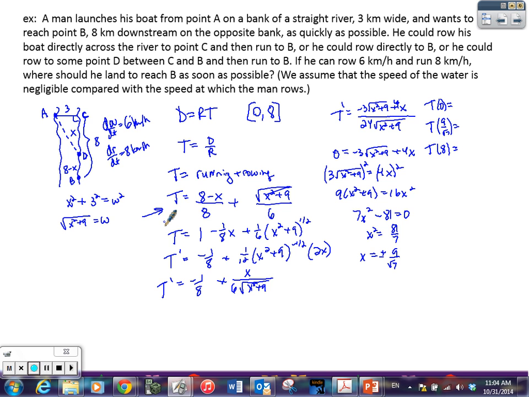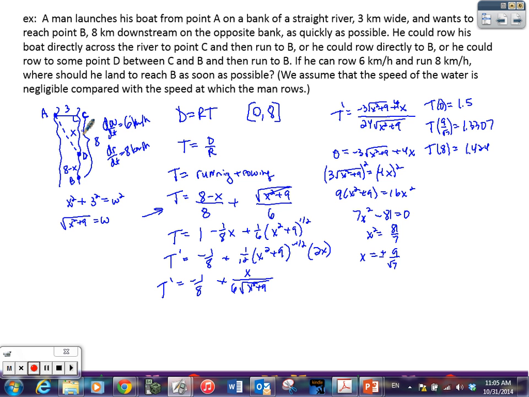So I sub a 0 in, and I get 1.5. I sub 9 over root 7 in, I get 1.3307. I sub an 8 in, and I get 1.424. Okay, so which one is the winner? The 9 over root 7. So let's make sure we understand what it means. What does this 9 over root 7 stand for? The x, it stands for how far down, right?